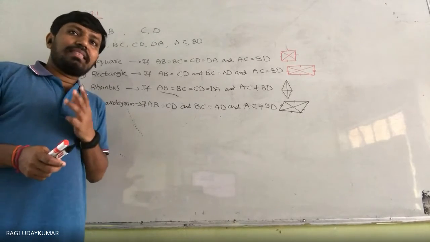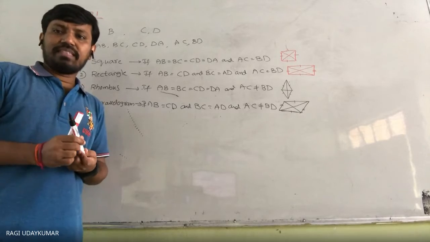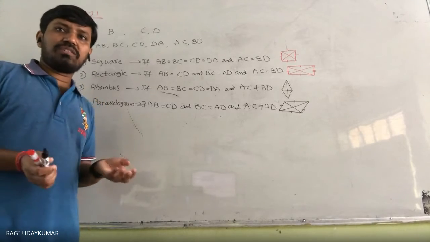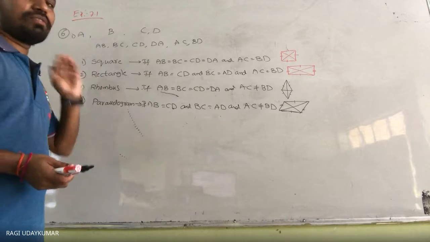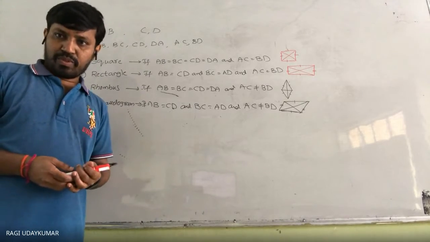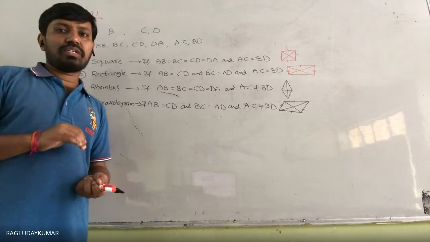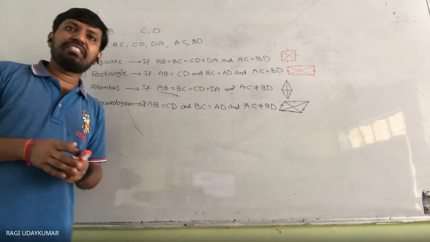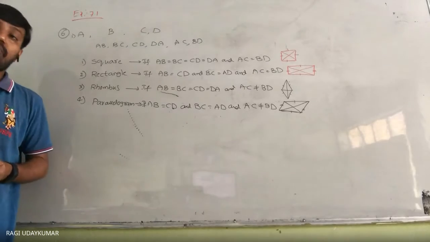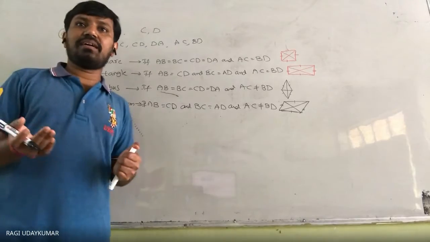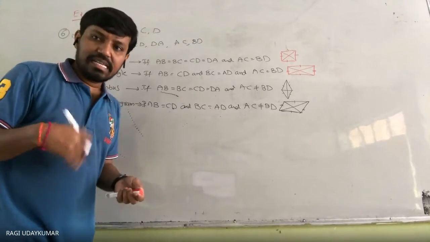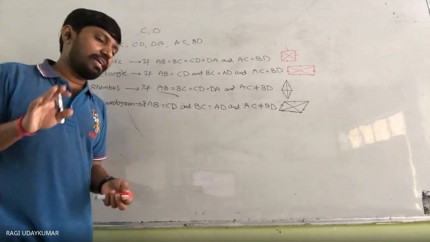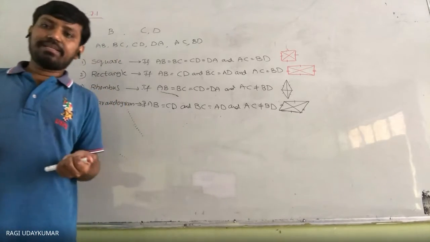So in the given three questions, you are going to get any one of these four conditions. So one condition out of the four is possible. Sir, a trapezium is possible? A trapezium question will not be given. If we cannot use the distance formula to say it, we can say it using other conditions.